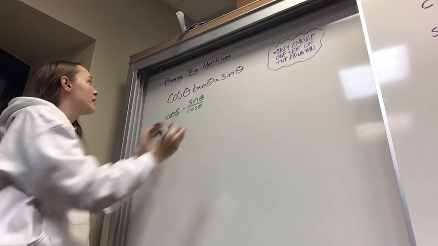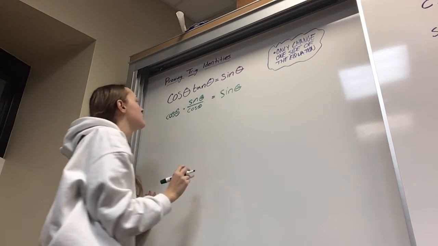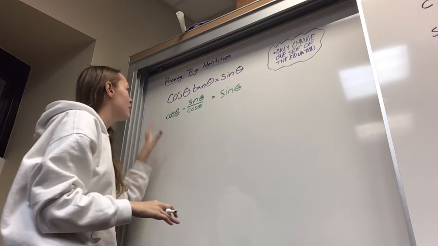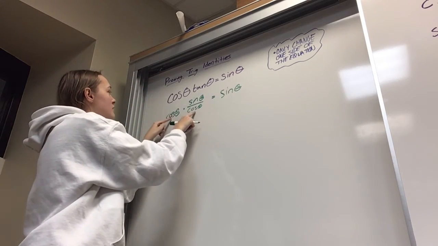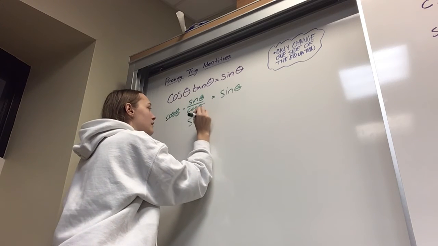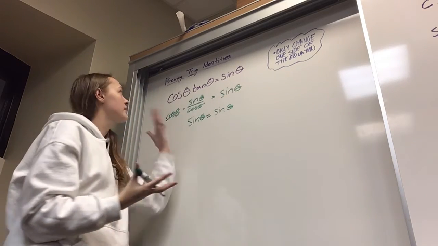So then we're left with cosine of theta times sine of theta over cosine of theta equals sine of theta. And then from here, we can see that these cosines cancel, so if I cross them both out, we're left with sine of theta equals sine of theta. So that's a really easy proof.